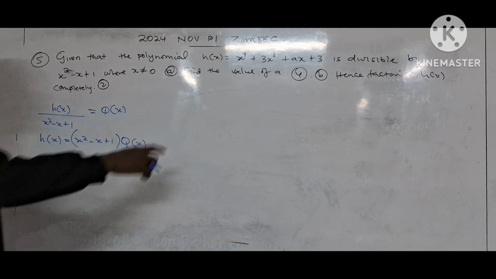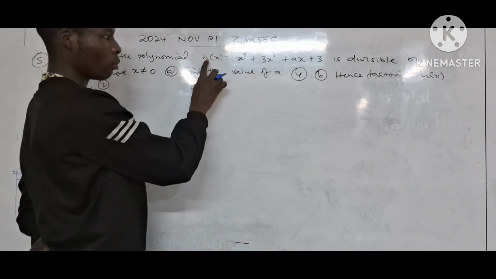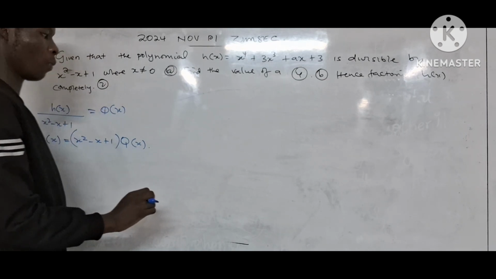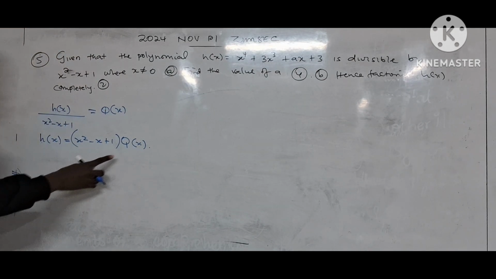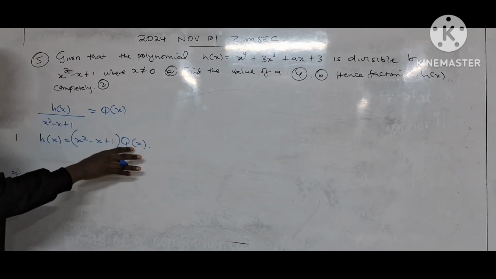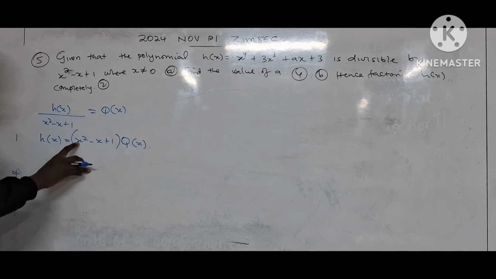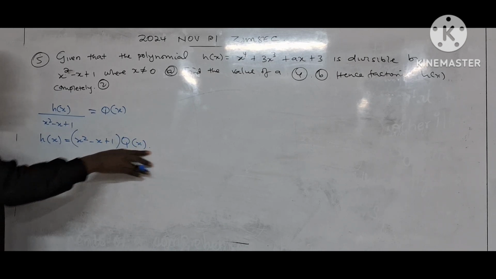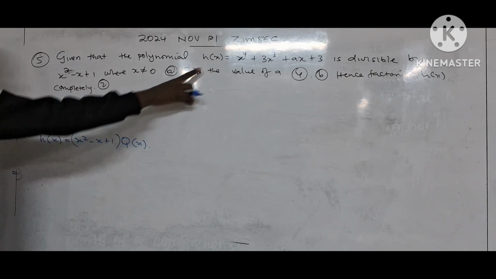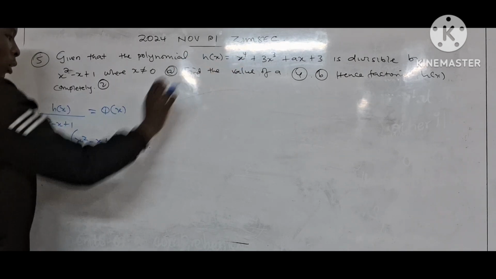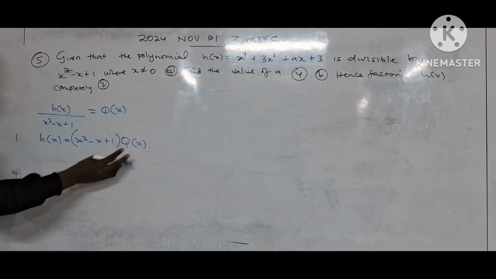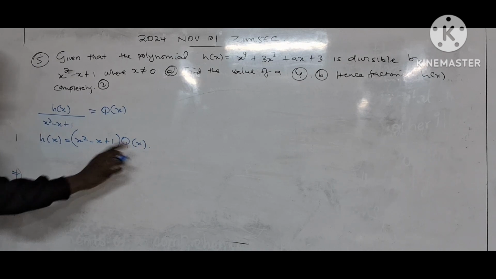The highest power of the unknown in h of x is 4. So here it means you should have a quadratic function again, in such a way that if you multiply x to the power 2 and x to the power 2 of q of x, you are going to get x to the power 4. So I'm going to represent this using a quadratic function.